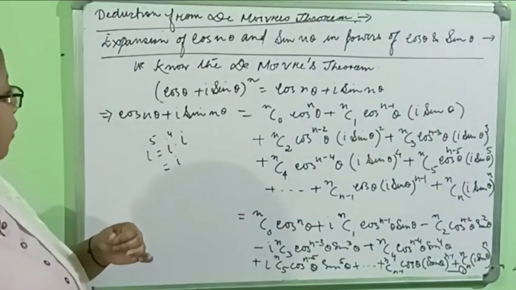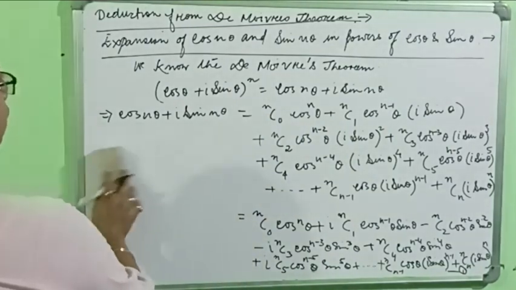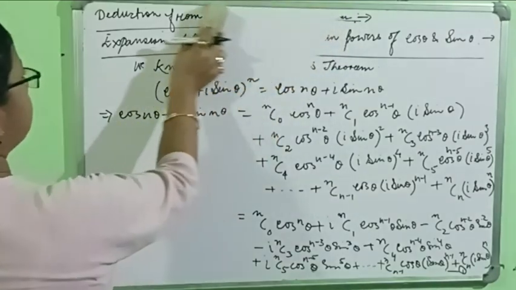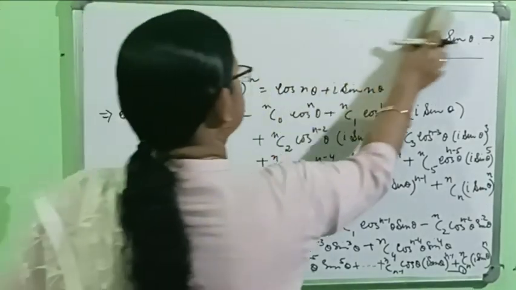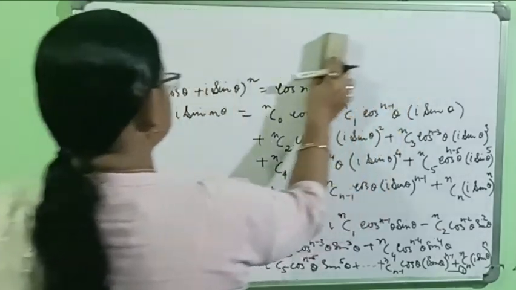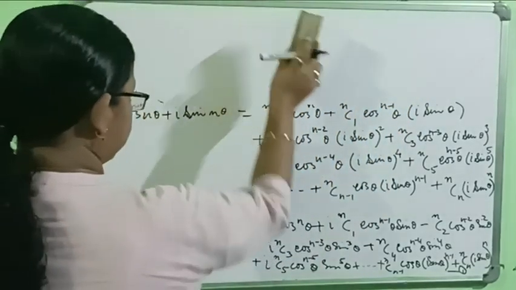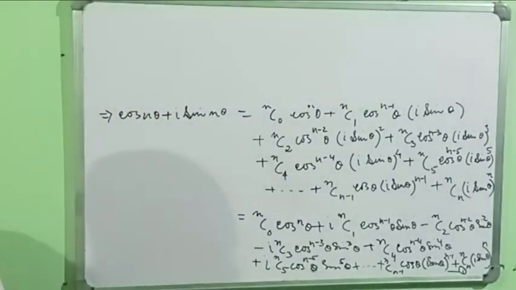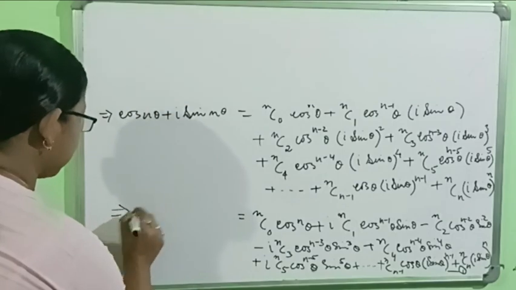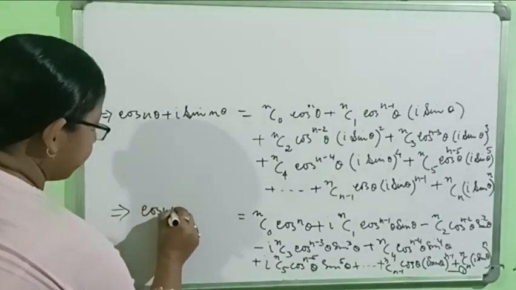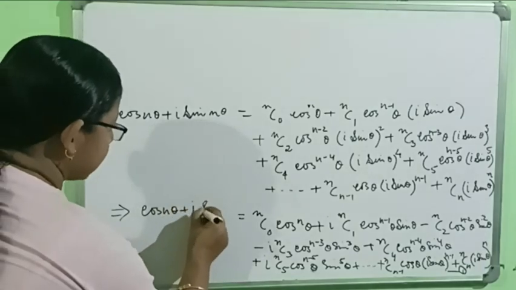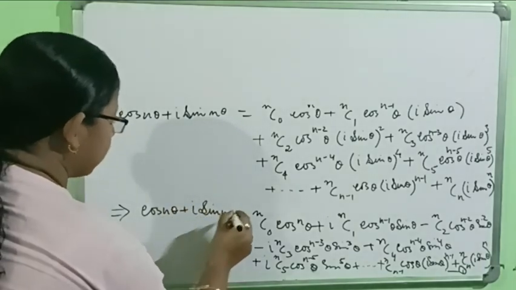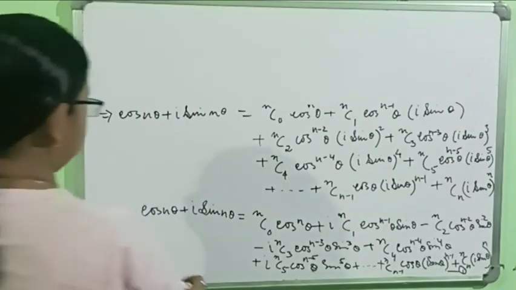Now write real with real, imaginary with imaginary. This implies cos n theta plus i sin n theta is equal to this one.